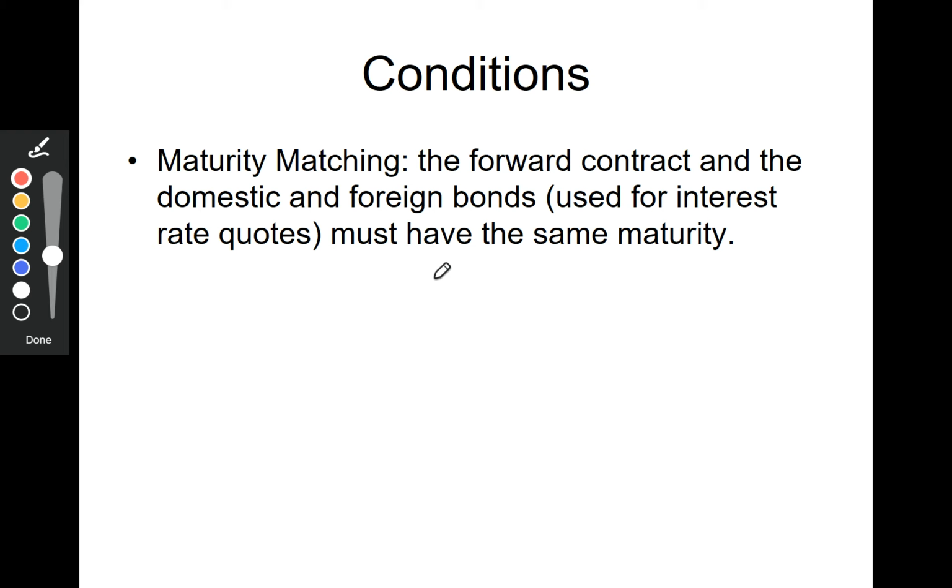So back to this sentence. We are talking about foreign bonds, and in parentheses, it says used for interest rate quotes. So if we want to figure out what the interest rates are in Japan, we go and look at Japanese government bonds.